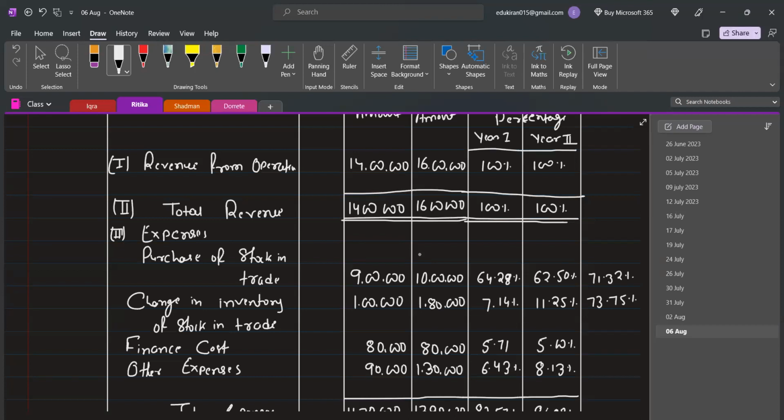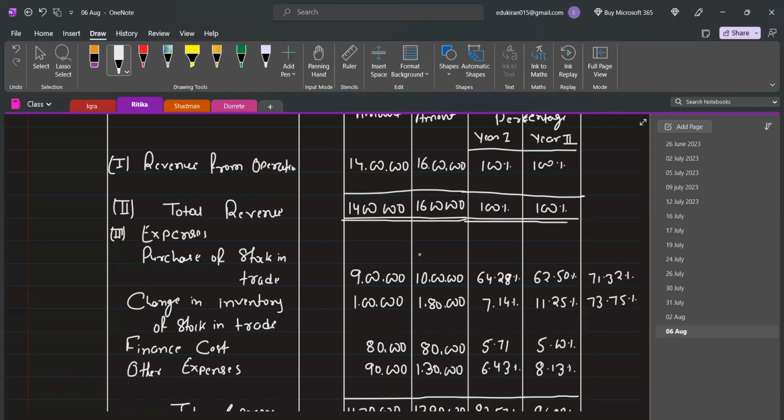And the second reason can be that our sale prices decreased. There is no change in quantity, only the price decrease. And in revenue from operation, no change in price level is mentioned. That's why we see the impact on percentage.